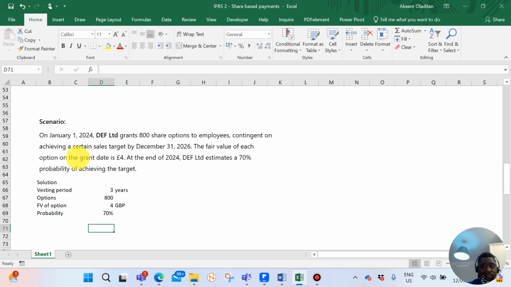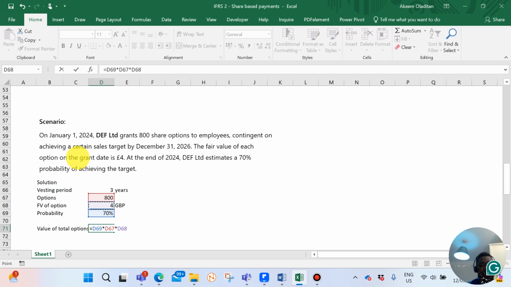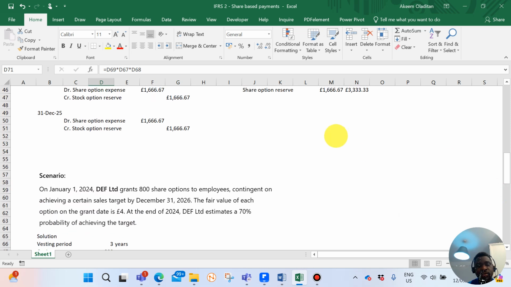So the value to recognize will be 70% of the 800 times £4, which is 2,240.